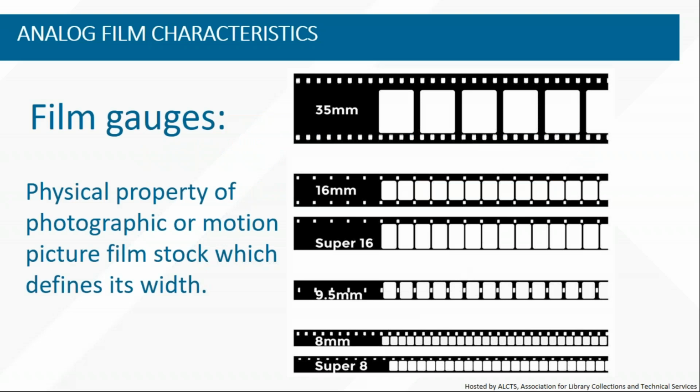So broadly speaking, there are two major categories: film and video, let's say. We'll start with film first. So analog film characteristics. One of the most important things to understand is the gauge of your film. And the gauge essentially defines the width of your film.